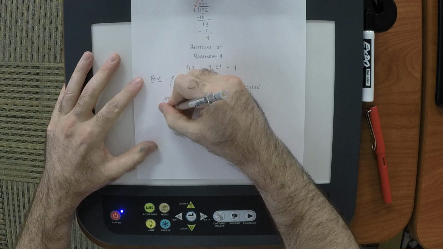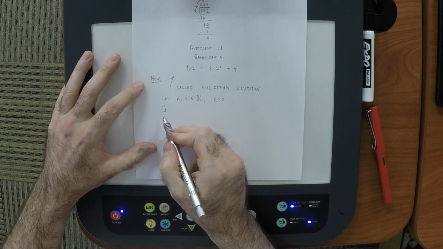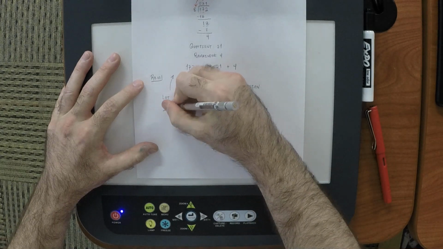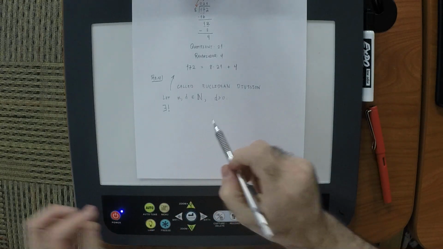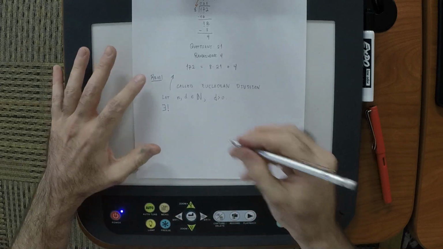Then there exists, which is the meaning of that symbol, and moreover there exists just 1. So the meaning of the exclamation mark is there exists unique. So there are some things, and in fact just 1.